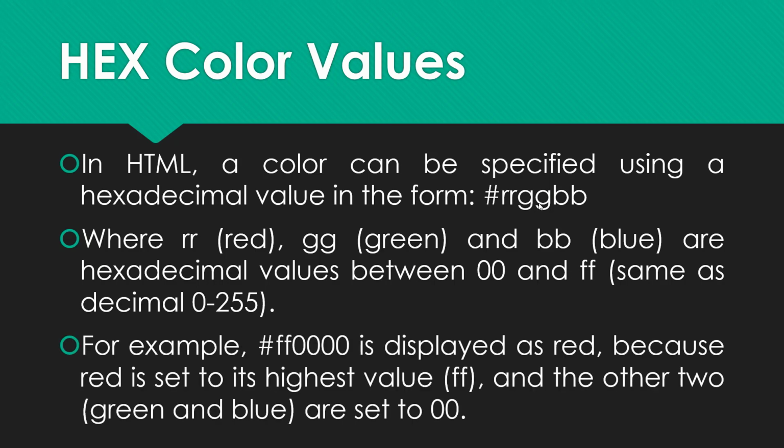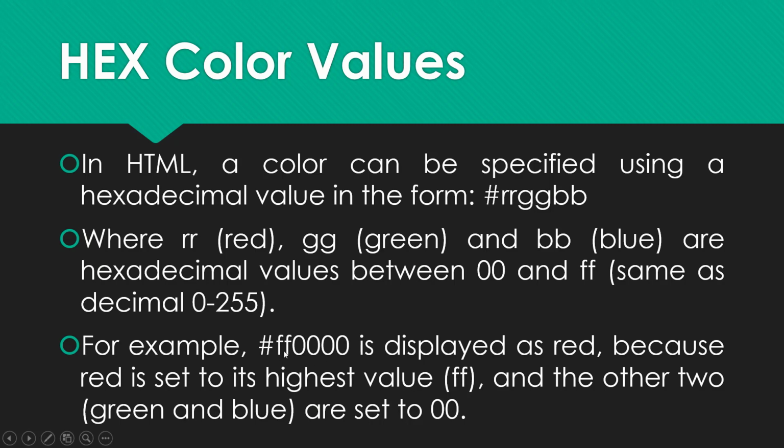So if we write FF, the biggest hexadecimal, it will display a red color. Why? Because the red is set to its highest value, FF, and the others are set to their lowest value, 00.